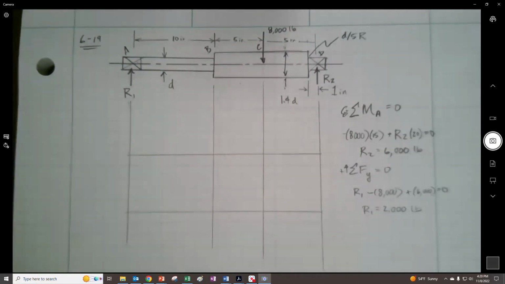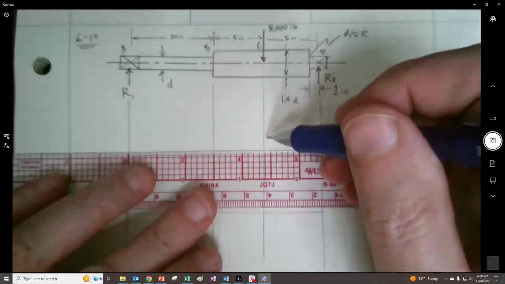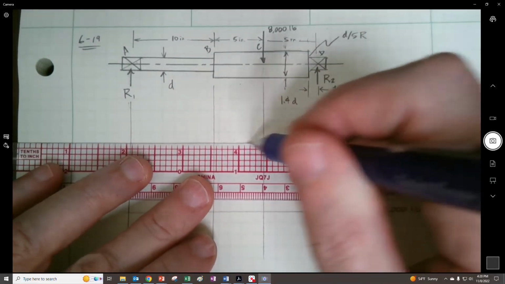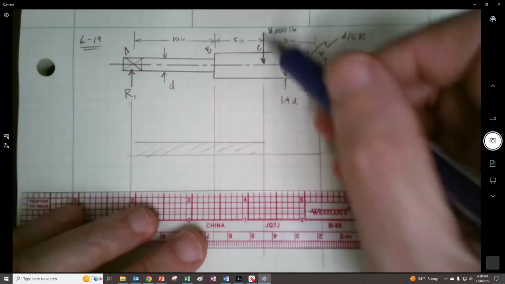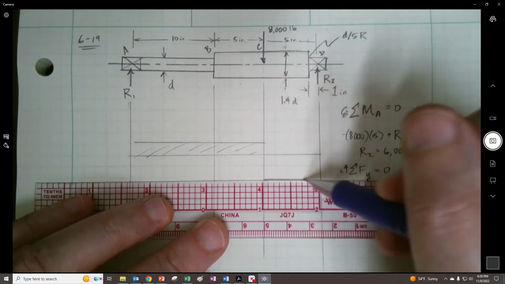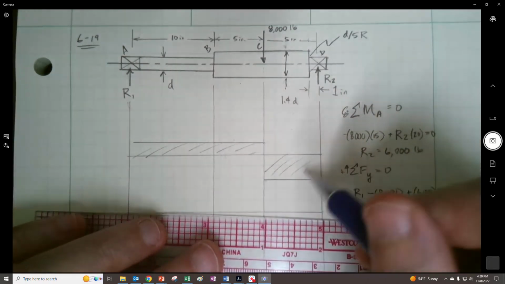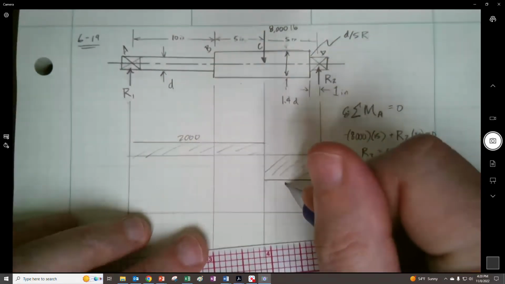And then let's do a shear moment diagram. So the R1 is only 2,000. It's going to drop down 8,000, so this is going to be like 6,000. And not to scale. So you get 2,000, 6,000.